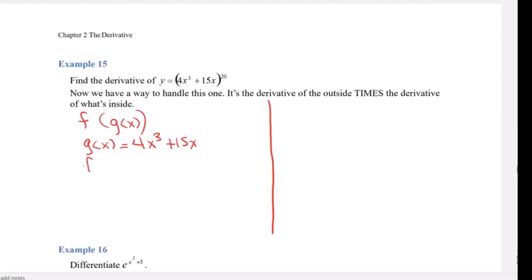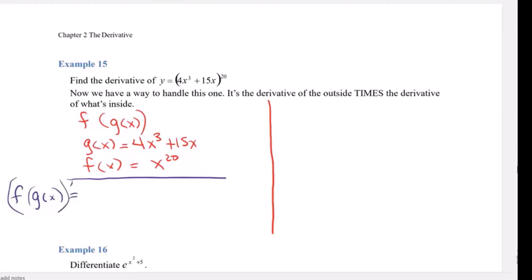And I'm going to make f of x equal x to the 20th power. And that g of x is going to go into where that x is. Okay? So if I want to do this using the second method, I would say the derivative of this function is equal to f prime of g of x times g prime of x.